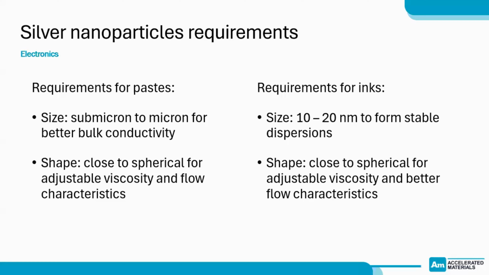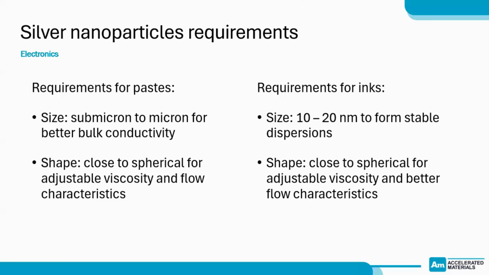While for inkjet printing of the inks, right? The size should be very small in order to have a low viscosity dispersion of the nanoparticles inside the inks. And of course, you cannot have micron-size particles for inkjet printing because the diameter of the nozzles is usually like 10 or 20 micrometers. That's why the size of the nanoparticles and the size distribution are very important.